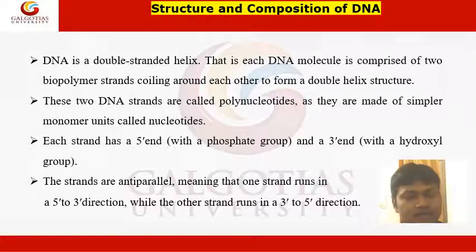Each strand has a 5' end with a phosphate group and a 3' hydroxyl group. The strands are antiparallel, meaning that one strand runs in a 5' to 3' direction while the other strand runs in a 3' to 5' direction.